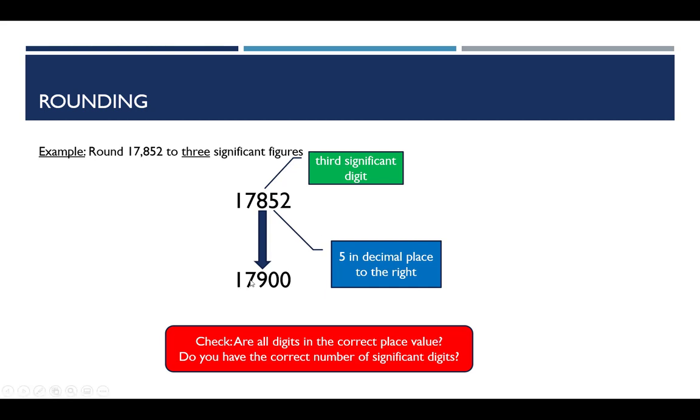The 1, the 7, and the 9 are significant. I have 3. Trailing zeros are not significant when there is no decimal point. So this is correct, 17,900. Alternatively, you could always write this in scientific notation. That would be 1.79 times 10 to the 4.